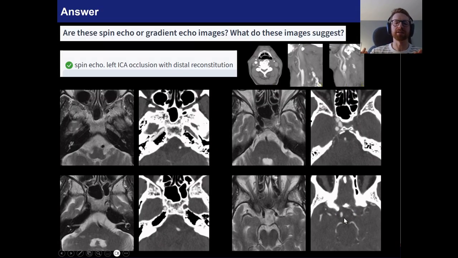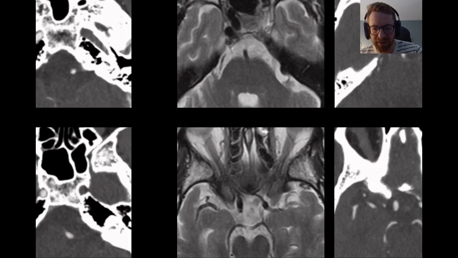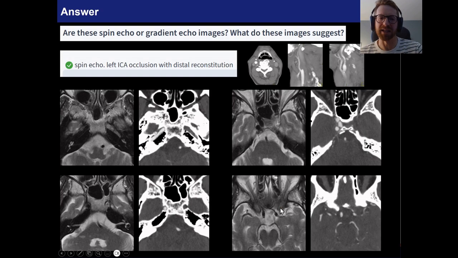This is reconstitution by the circle of Willis, most likely. I don't know if we directly see it here, but there's a hint of it here. This is probably the posterior communicating artery coming here. So it could be filled by the posterior communicating artery, theoretically, or maybe the anterior communicating artery. But the circle of Willis is basically saving the day. So this is a left internal carotid artery occlusion with distal reconstitution.